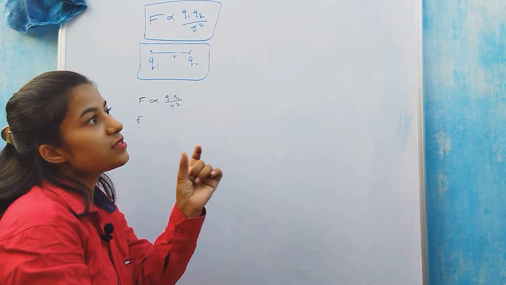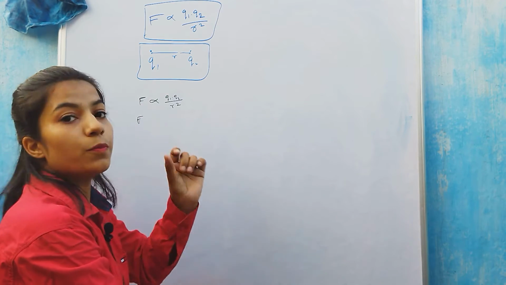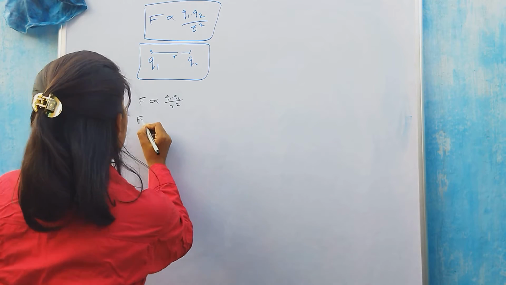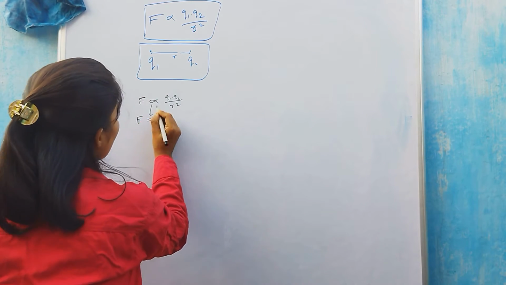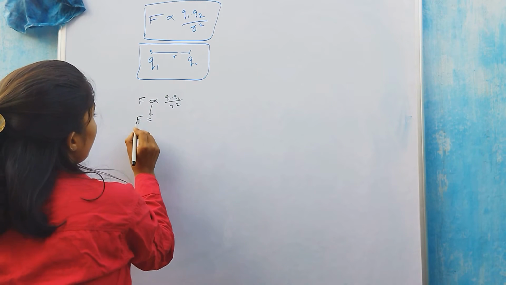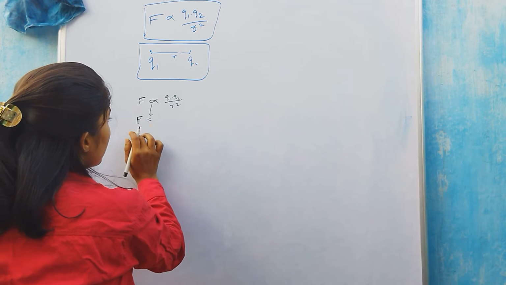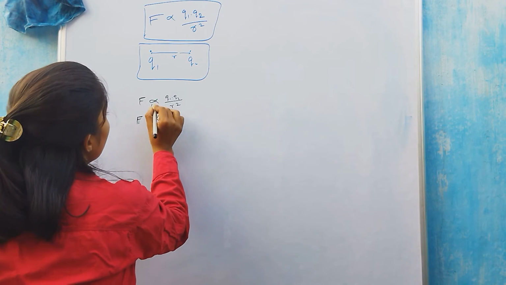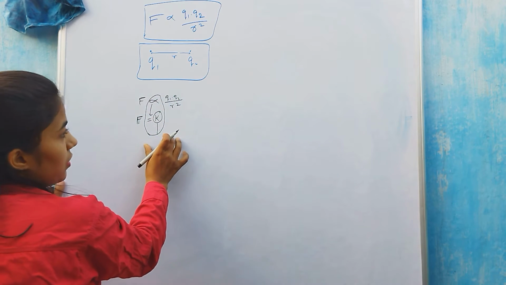Means there is some constant which will always remain with the proportionality. If we need to remove the sign of proportional, then what do we do? We put an equal to sign and some constant k. This is the meaning of proportional.